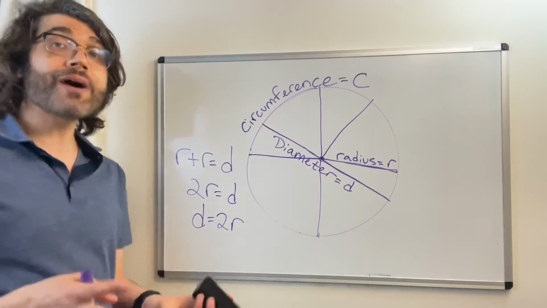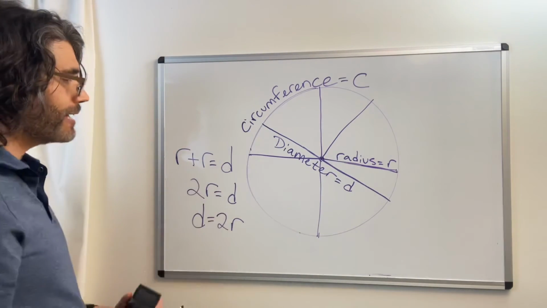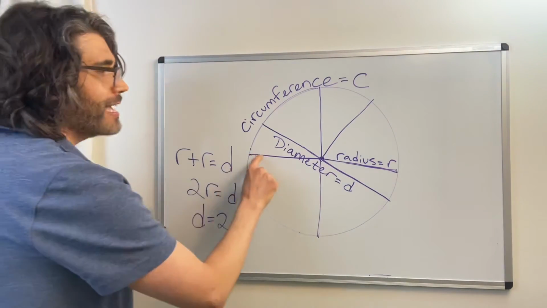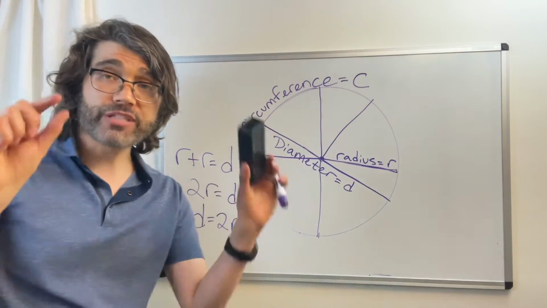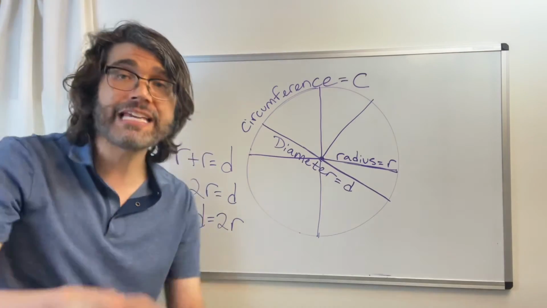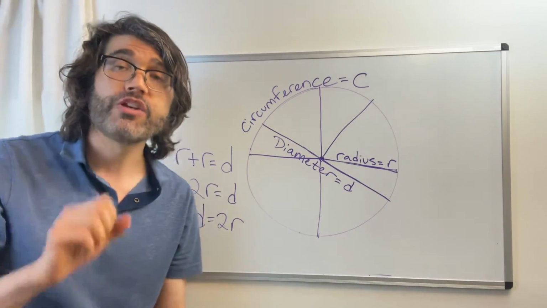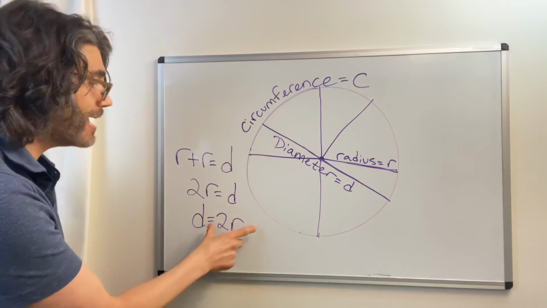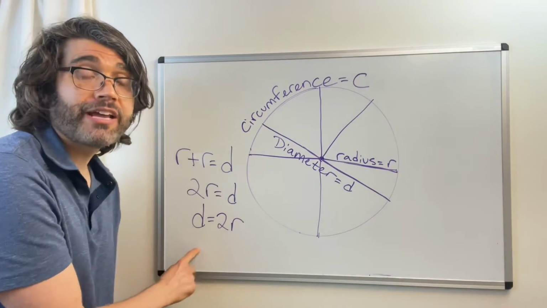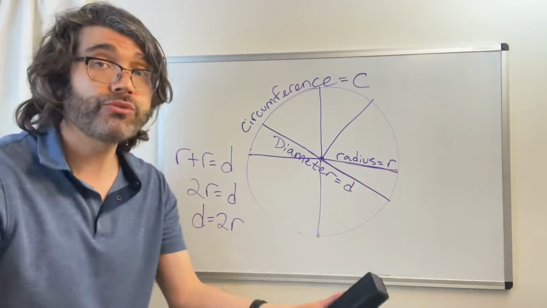There's yet another way to even explain it. Another way to show it is that if you take a diameter and you cut it in half, if you take a diameter and slice it into 2 equal parts, what do you have? You have 2 radii. Just like 2 radii added together equals a diameter, if you split a diameter into 2 parts, you then have 2 radii.